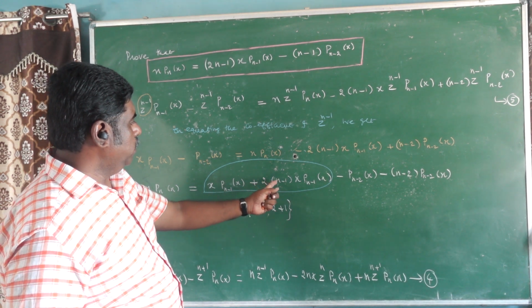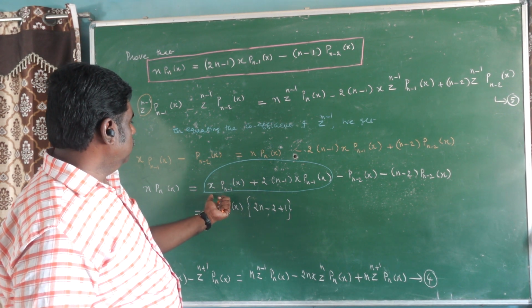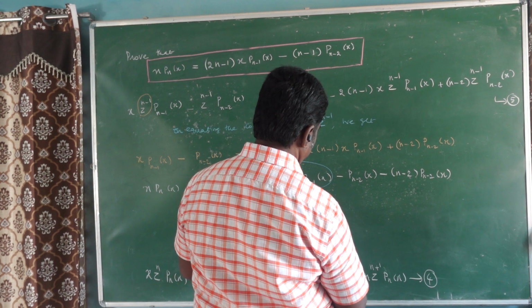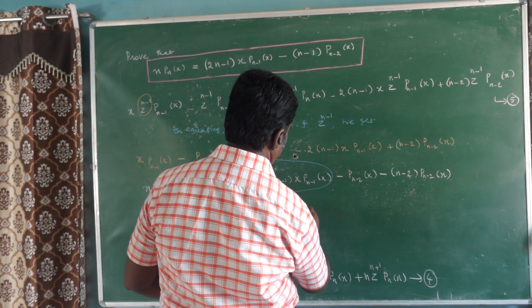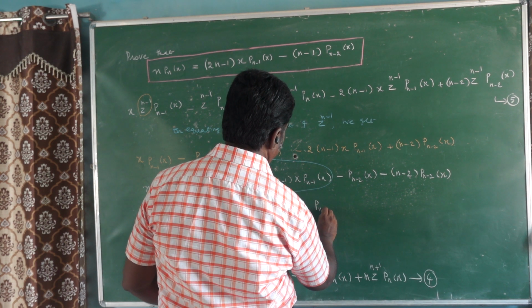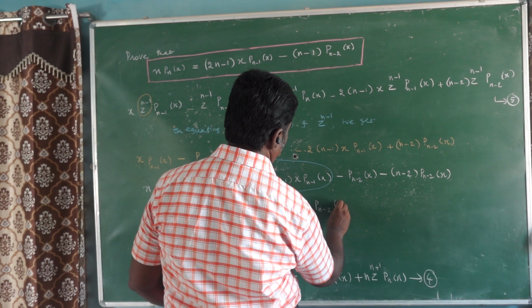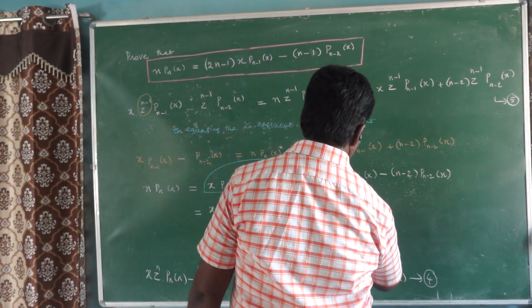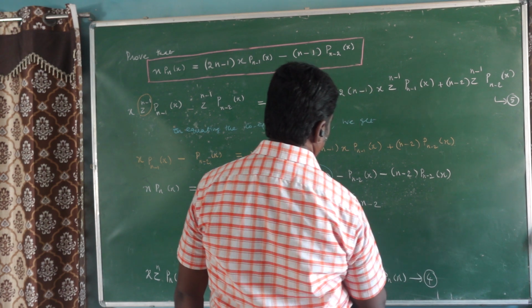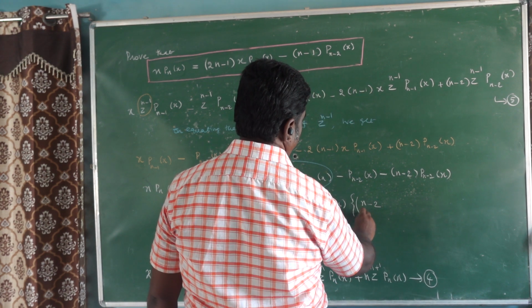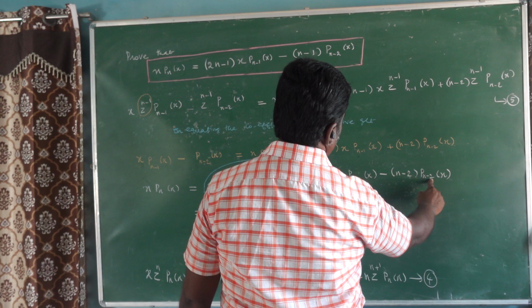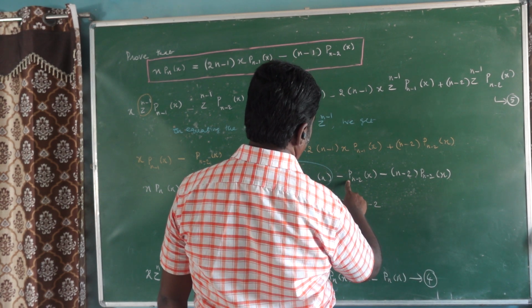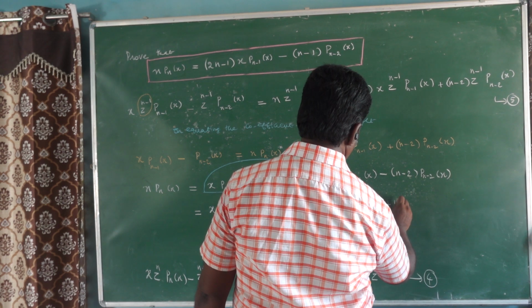This is 2(n minus 1) plus 1. Then take this minus P n minus 2 of x outside. This is (n minus 2) plus 1.